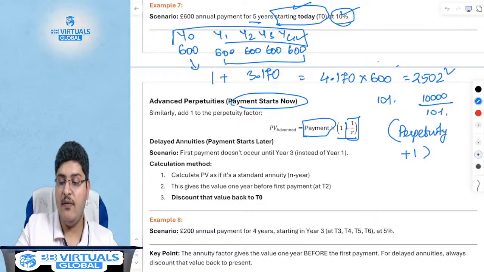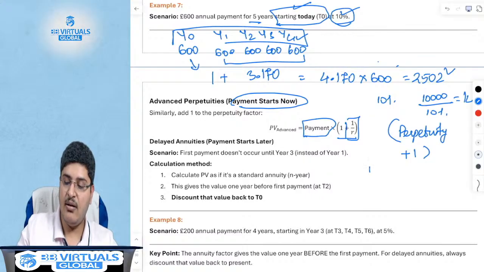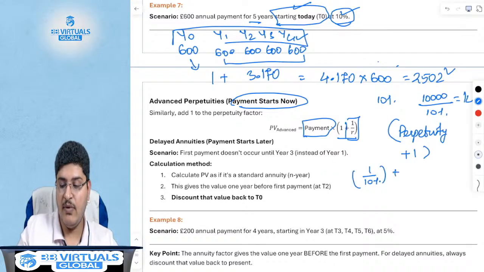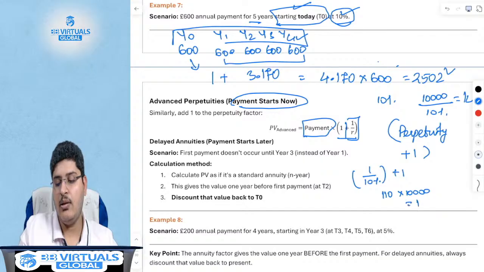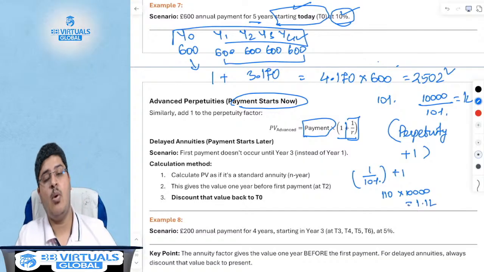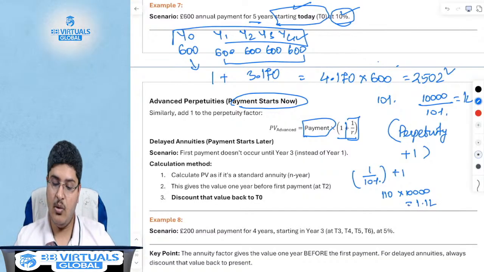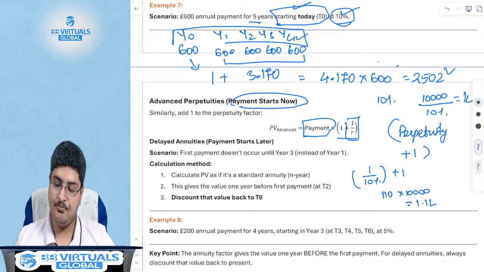Then at 10%, this gives you 1 lakh, but you also get 10,000 today. So your perpetuity factor is 1 divided by 10%, which is actually 10, but you add 1 to that, so it is 11 into the 10,000 that you are getting. So the answer will change from 1 lakh that we had calculated earlier to 1,10,000.